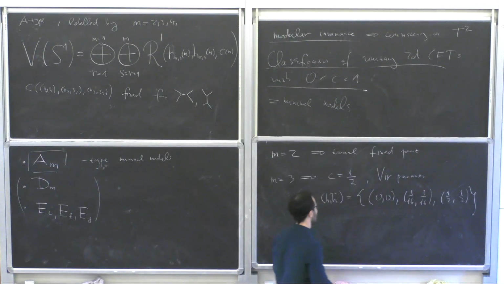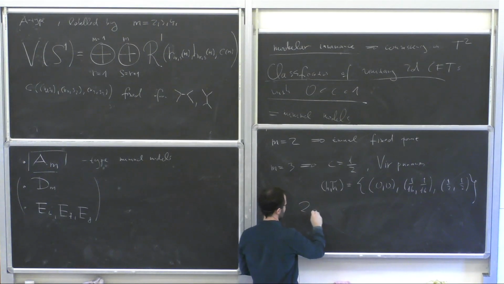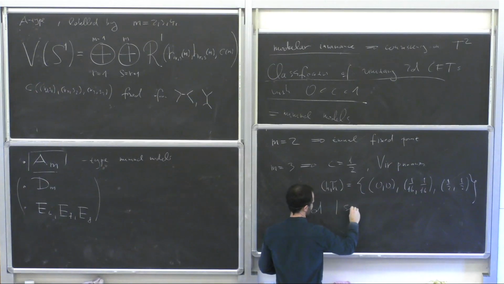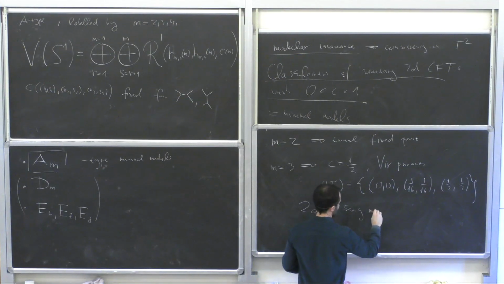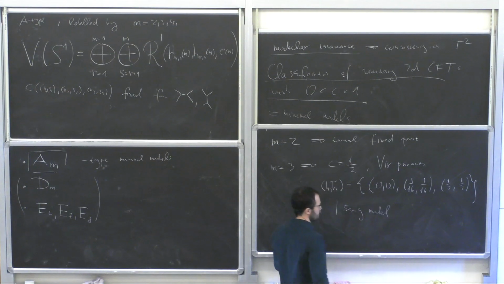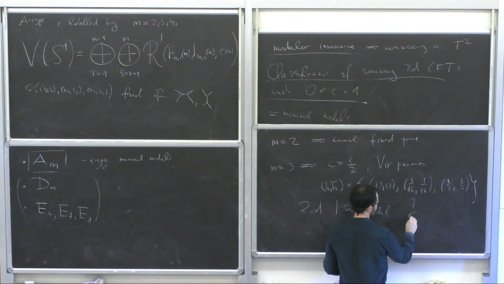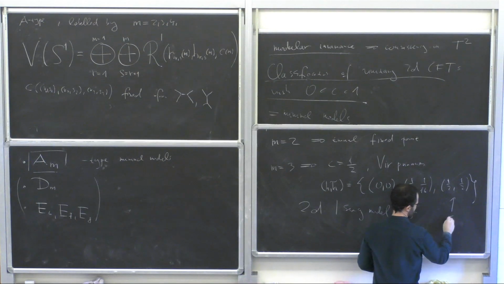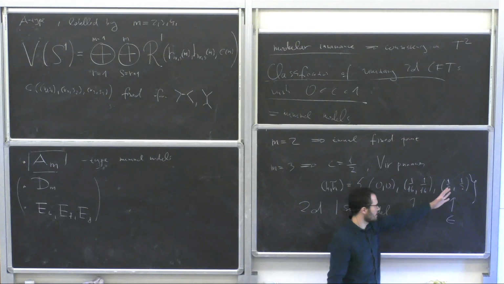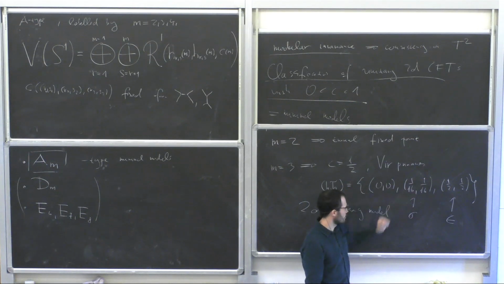And this theory is also known as the two-dimensional Ising model. This one has the interpretation of the sigma field and this one has the interpretation of the energy field. So this one corresponds to changing the temperature, and this one corresponds to turning on the magnetic field.